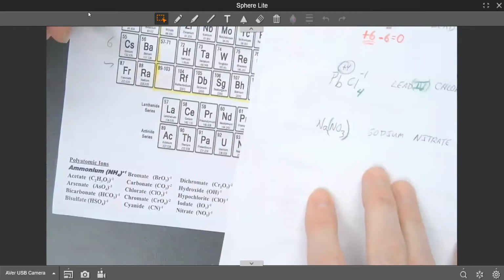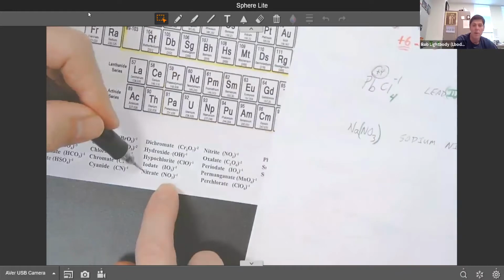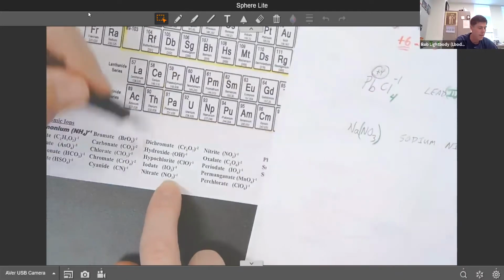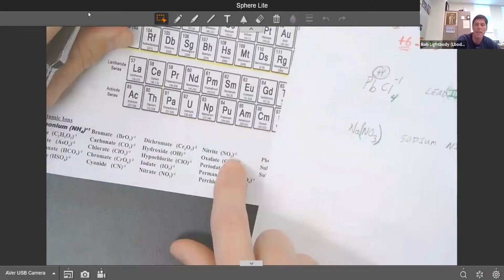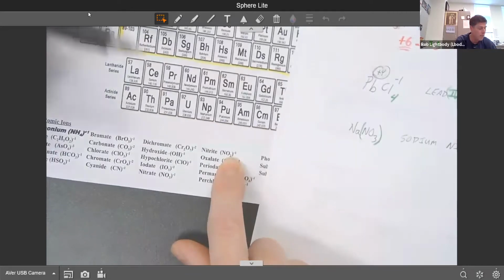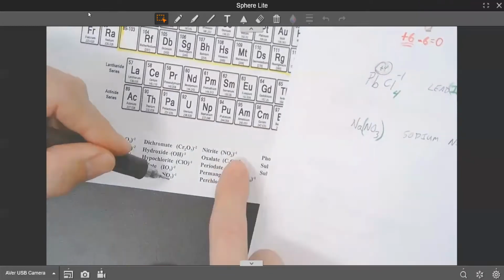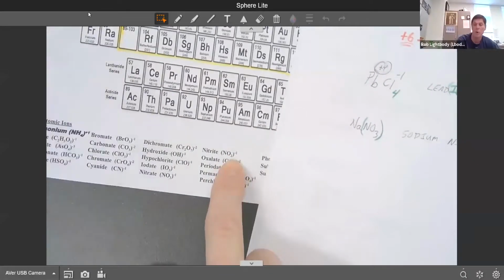One thing I need you guys to realize is notice you've got NO3 here as nitrate. If you go up to the top of the next column, you have nitrite, NO2. It has an ITE ending. That's how we differentiate between the endings. Notice this has 3 oxygens. This has 1 less than normal.